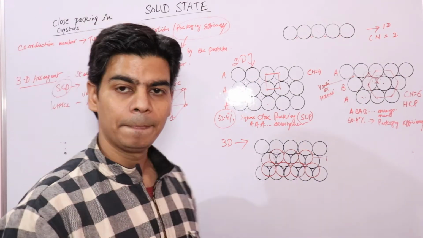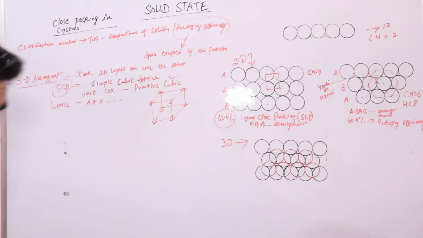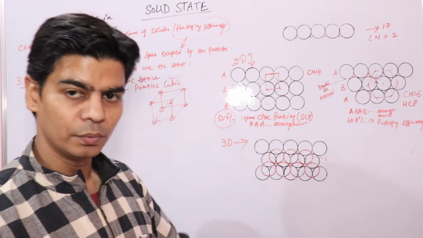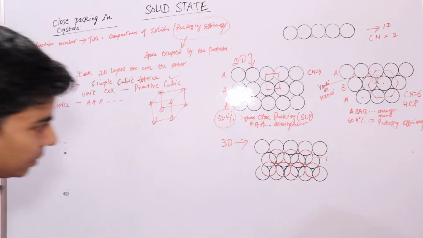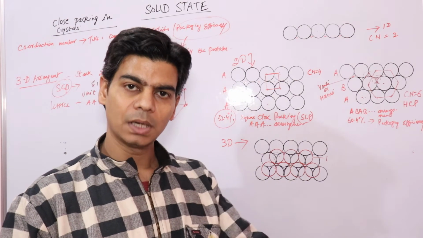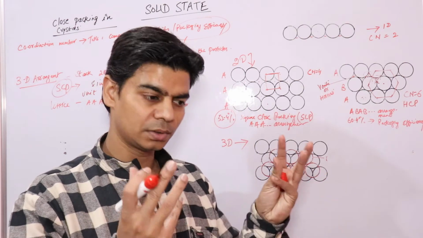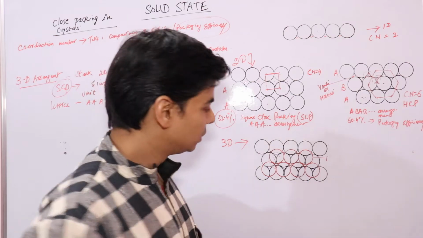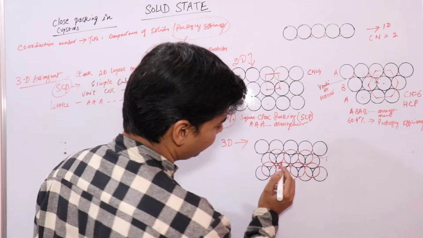Now let's see how we can build the third layer onto this arrangement. In order to build the third layer, the particles in the third layer would be arranged onto these voids only. So let's see the voids that are created when we build the second layer.